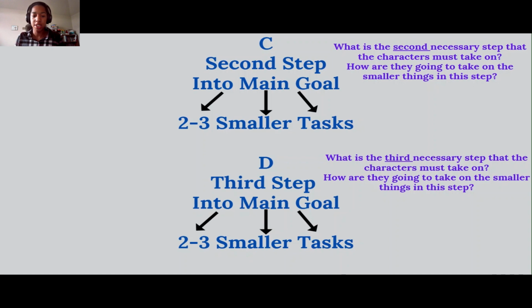And then D, third step into main goal, 2 to 3 smaller tasks, and the questions: what is the third necessary step that the characters must take on, and how are they going to take on the smaller things in the step? So pretty much Act 3, and it's kind of wrapping the conflict up, whenever the character's down, leading up to their aha moment and to the climax.